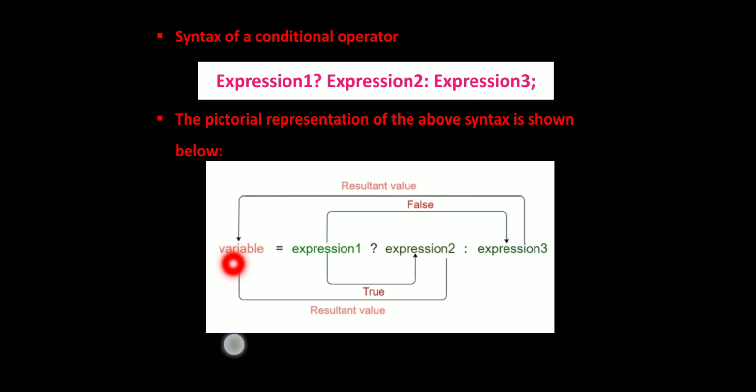First, we have to store this expression in one variable. Expression 1 question mark expression 2 colon expression 3. If expression 1 is true, expression 2 is evaluated. If expression 1 is false, then expression 3 will be executed.